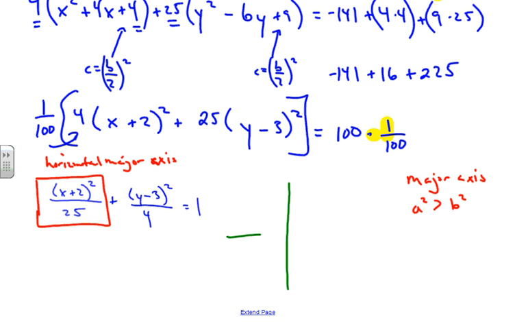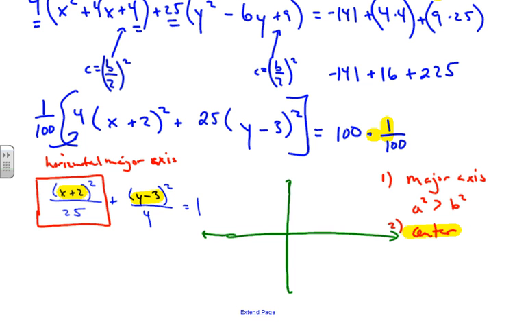So I'm first going to sketch my graph out. After I find out my major axis, I'm now going to find my center. The next thing is I want to identify the center. Now the center, you can see, is our h and k. So right here and here allow me to find the center.